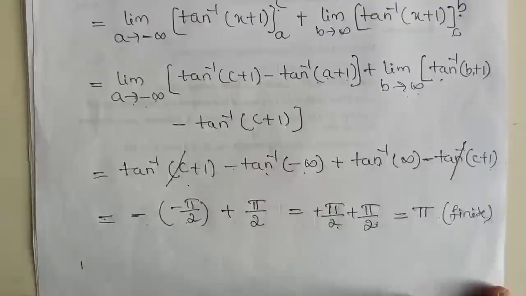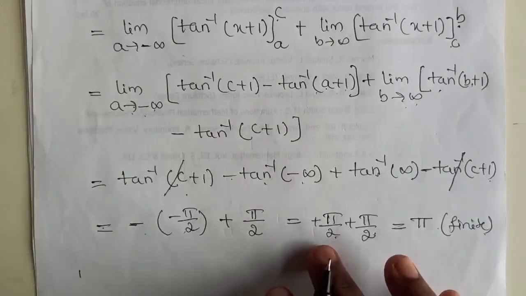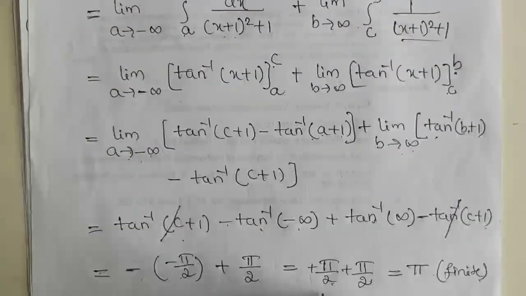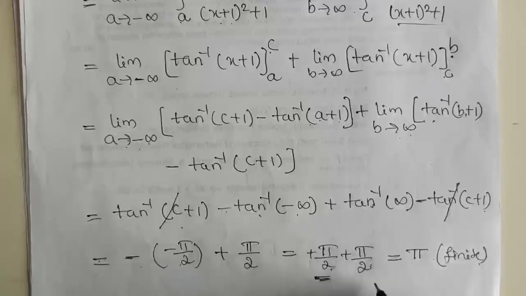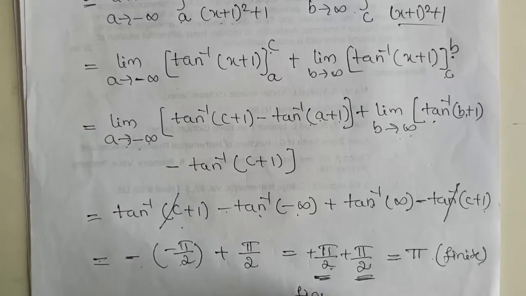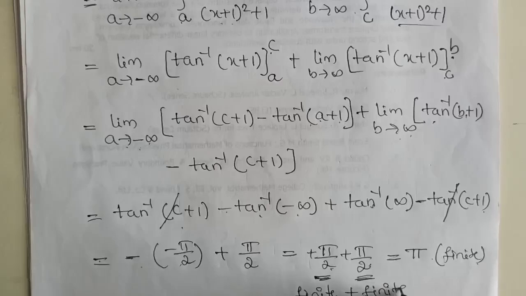Okay, you can observe both the limits. For the first limit we got pi by 2, and for the second limit we got pi by 2. That means both limits exist finitely. So this is finite and finite.